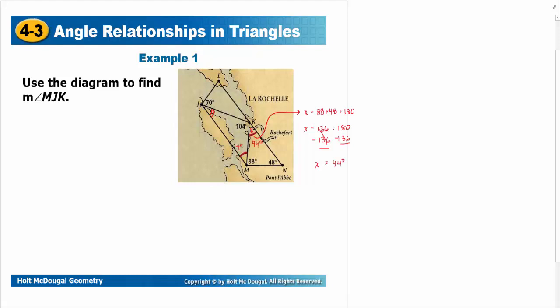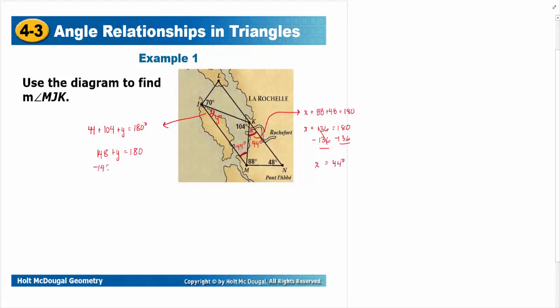Therefore, this other angle that had the one arc is also 44. With that, I can jump over to this angle. Let's call it Y, and I can find the measure of angle MJK. Because I know that 44 plus 104 plus Y is also 180 degrees. So 144 plus 4 more is 148. I'm at 148 plus Y equals 180.